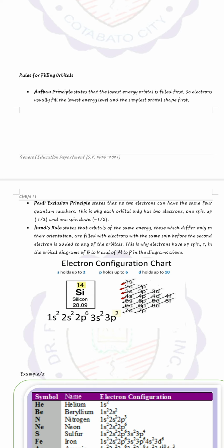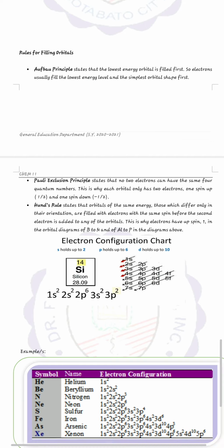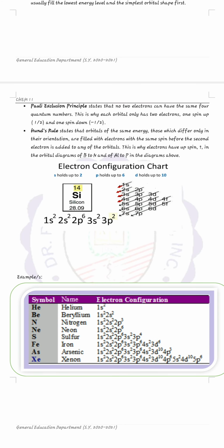So always remember that it states that the filling of the energy level or the energy in a certain atom will start from lower to higher energy one. So next to Aufbau principle, we have Pauli exclusion principle. In Pauli exclusion principle, it's very in contrast to the definition or explanation of Aufbau, because Pauli exclusion principle states that no two electrons in the same atom can have identical values for all four of their quantum numbers.